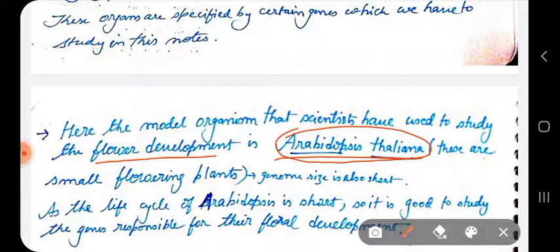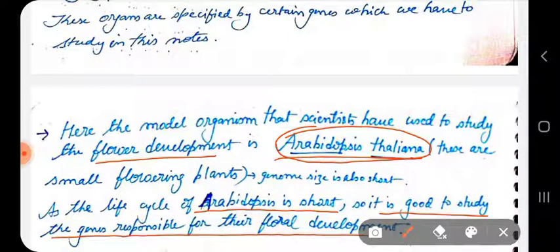It is a small flowering plant whose genome size is very small, and its life cycle is quite short, so it is very good for studying the genes responsible for flower development. As the life cycle is short, they bloom quickly, and thus we can study more and more about the genes responsible for flower development in Arabidopsis.